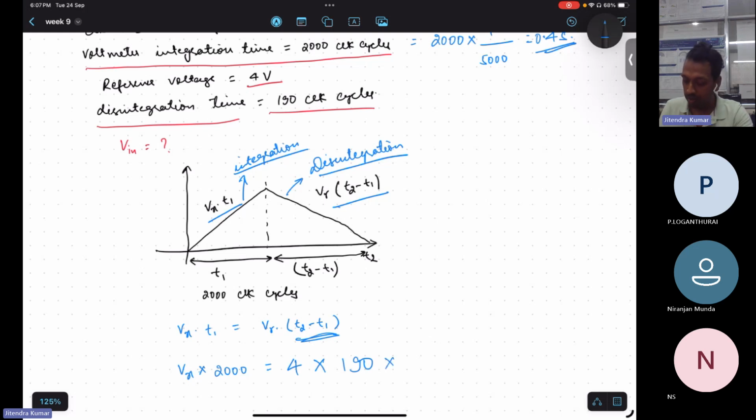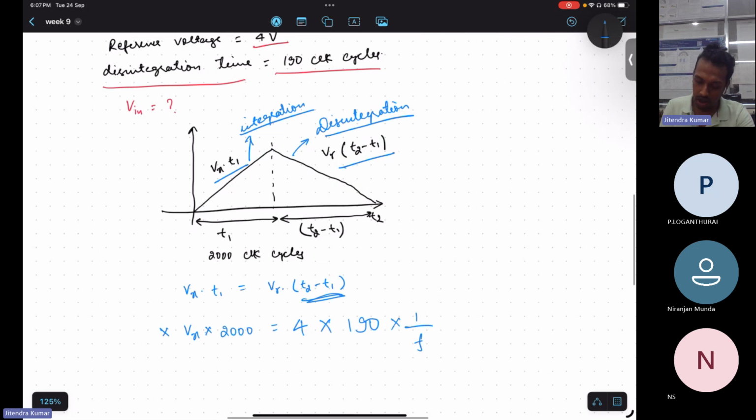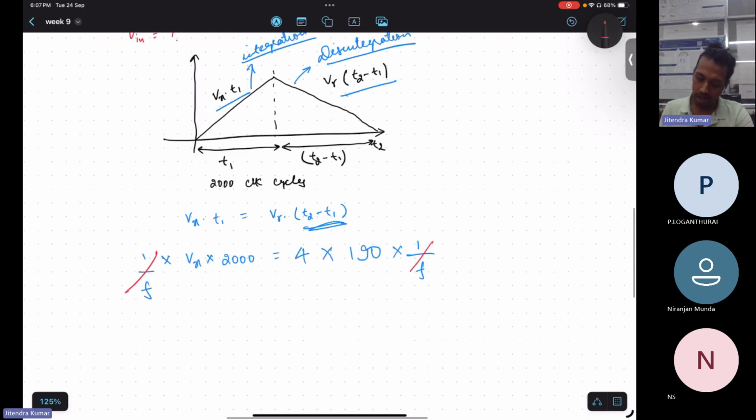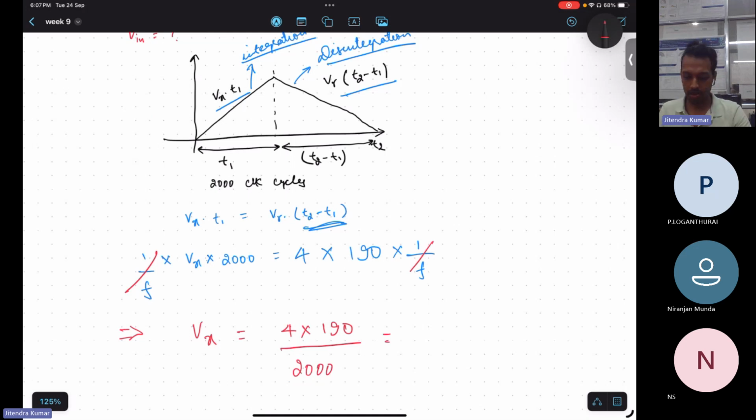We do not need to multiply it with time, which is the inverse of frequency, because both will cancel out. That is why we are ignoring them. So we can easily calculate 4 into 190 divided by 2000, which is 0.38.